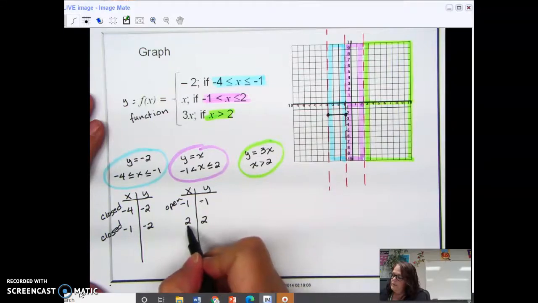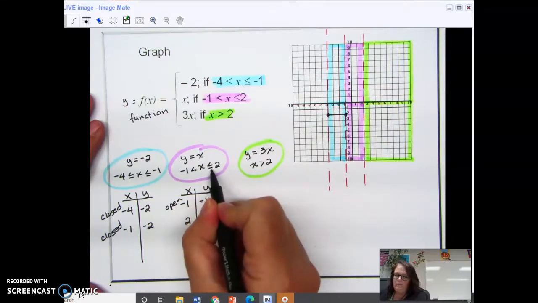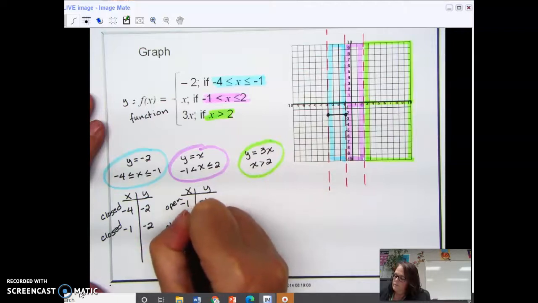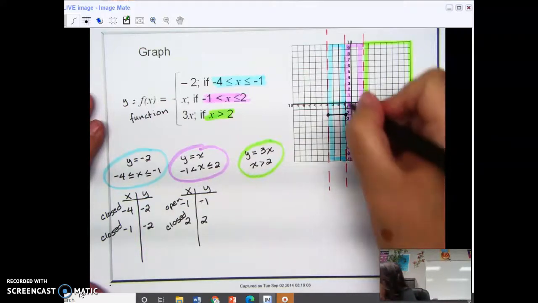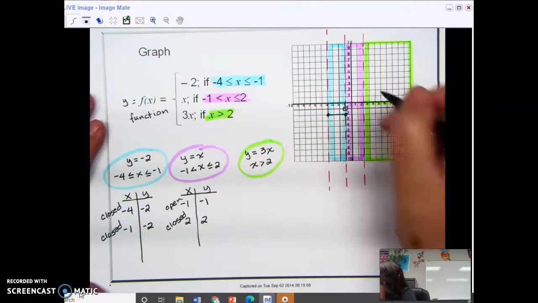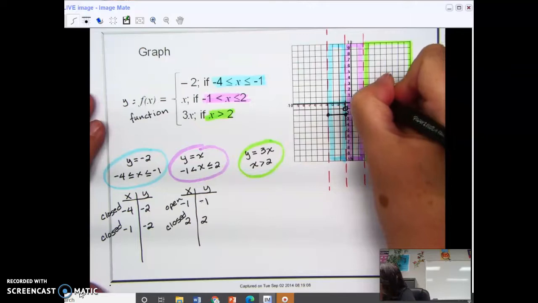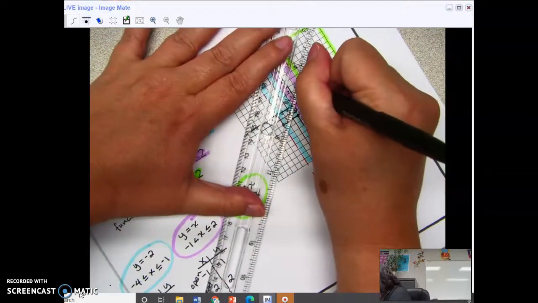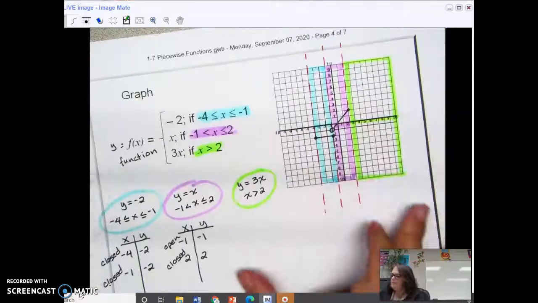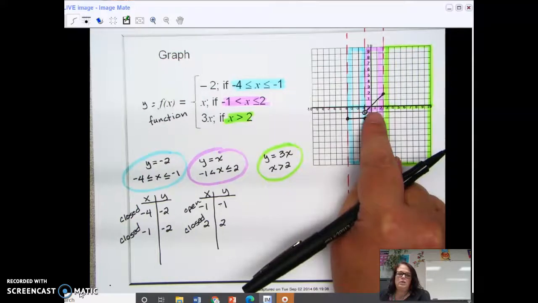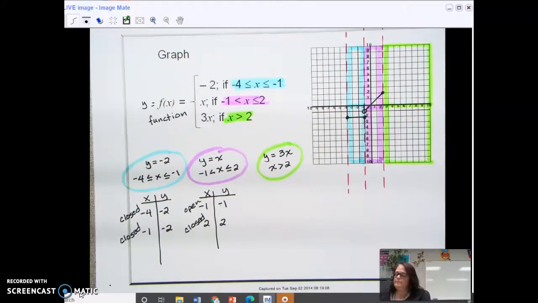And then substituting, is 2 less than or equal to 2? That is a yes, so that makes this one closed. So I'm going to have an open circle at -1, -1. I'm going to have a closed circle at 2, 2, and then I'm going to connect those 2 dots. And again, my purple numbers should only be in my purple portion of my domain.